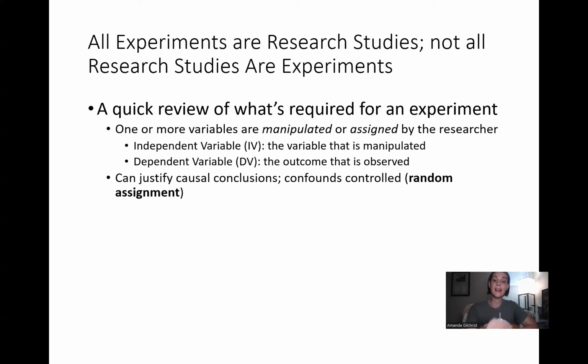And additionally, by randomly assigning people to those different independent variable conditions, everybody has an equal chance of texting or not texting. I'm controlling for any individual differences that we might see. So maybe some people are better drivers, maybe some people are better texters, maybe we have people who are better at multitasking. We have good drivers.